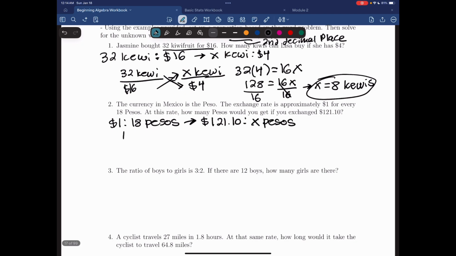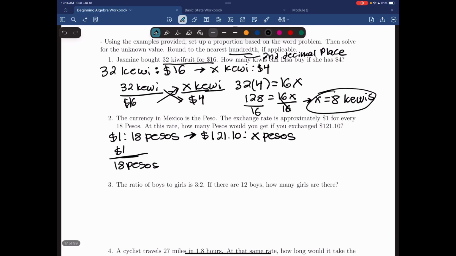Well, let's set up our proportions. So we know for every $1, we have 18 pesos. And then we're going to set that equal to $121.10 over x. Now let's cross multiply and solve for x.